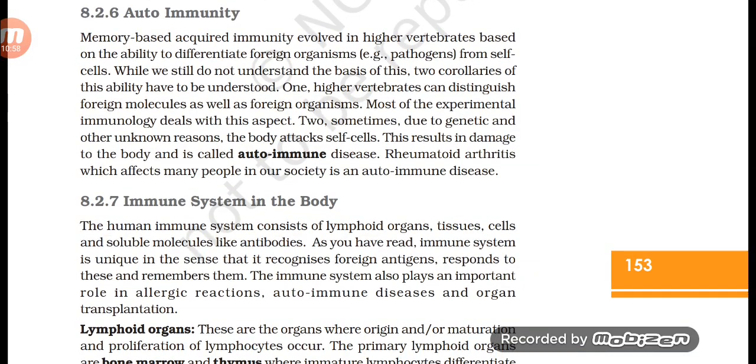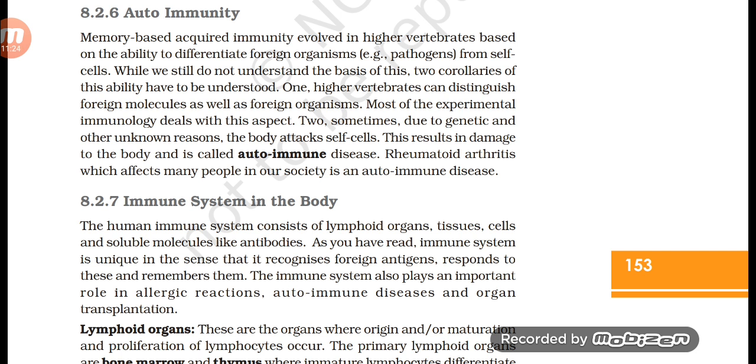Now, the next topic is autoimmunity. Memory based acquired immunity evolved in higher vertebrates based on the ability to differentiate foreign organisms, for example, pathogens, from self. While we still do not understand the basis of this, two corollaries of this ability have to be understood. One is that higher vertebrates can distinguish foreign molecules as well as foreign organisms.